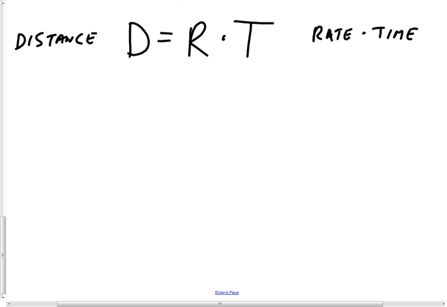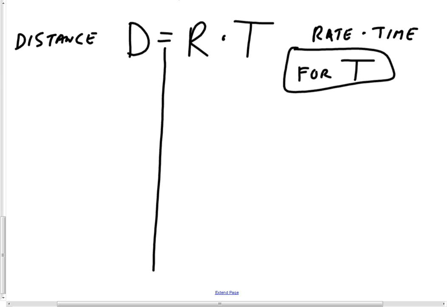So what if I said, I want a formula for t? That's exactly the same form as the top two questions on the previous page. They wanted x. On this one, I want t. So you put t all by itself.